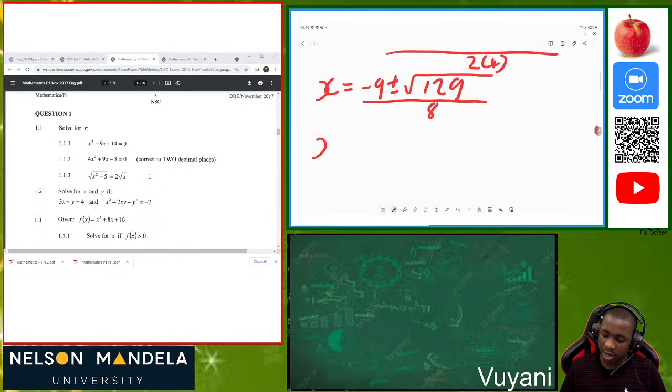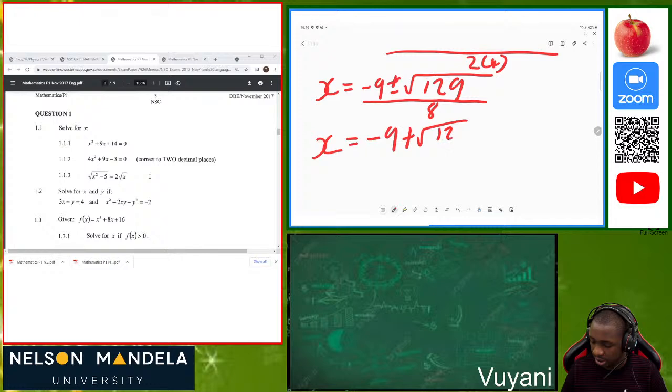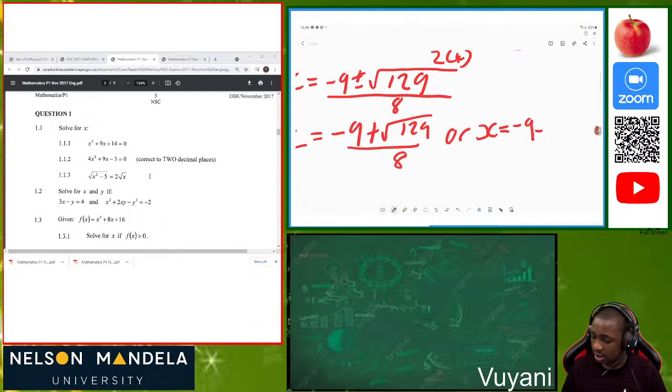Now using your calculator, someone will say, I'm only getting one solution. It's x equals negative 9 plus square root of 129 over 8, or x is equal to negative 9 minus square root of 129 divided by 8.